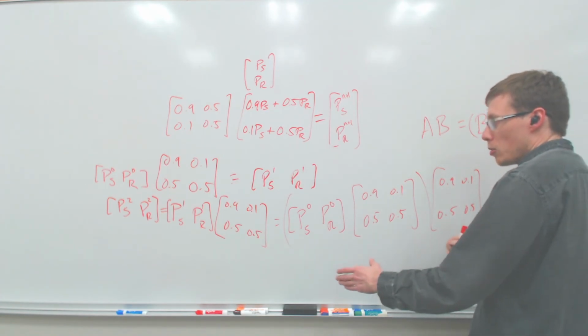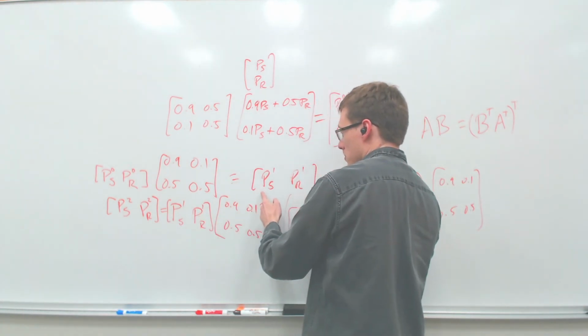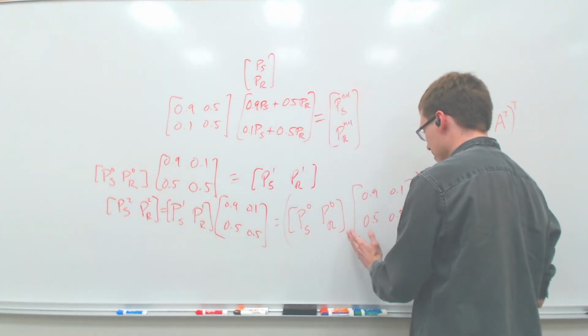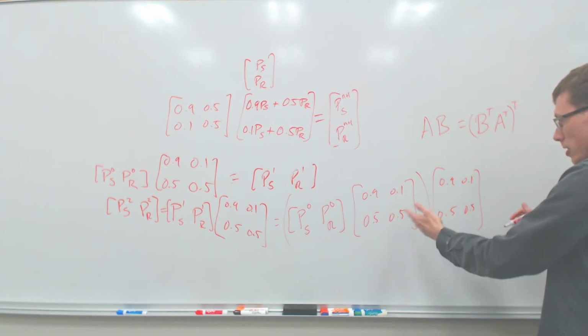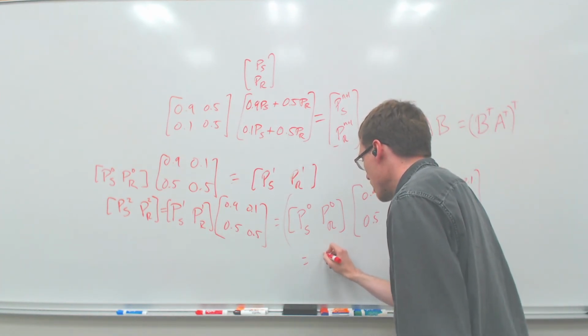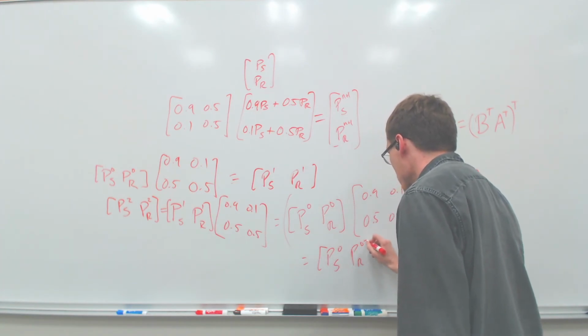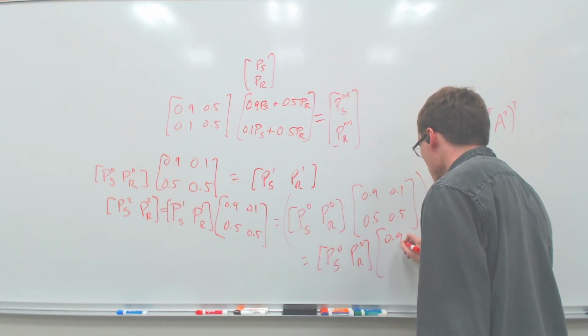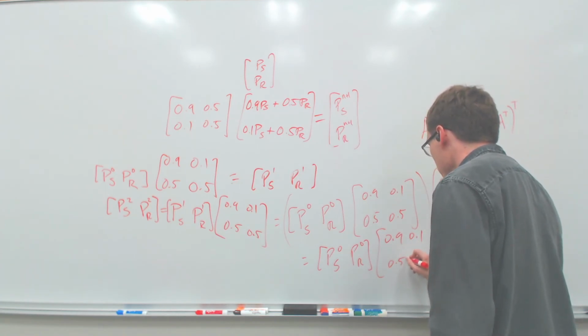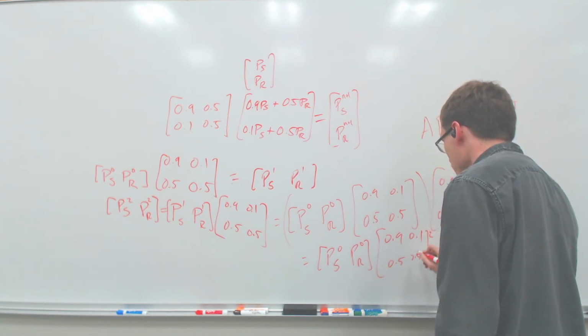And the reason why is that all we've done is replace this with this. And in general, of course, this guy is just equal to PS0, PR0 times 0.9, 0.1, 0.5, 0.5 squared.